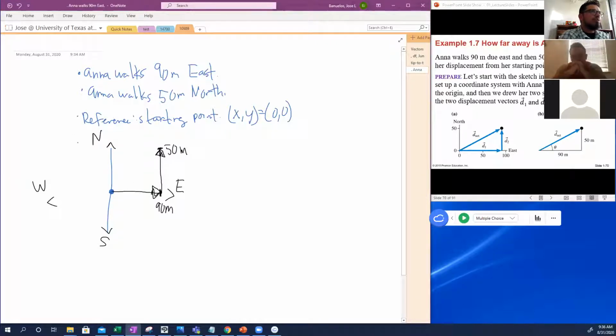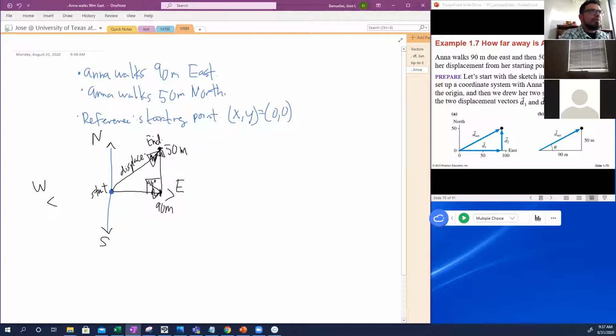To get her displacement, we started off here and ended up at the tip of that 50-meter arrow. So the displacement is the arrow that connects where you started to where you ended. This is her displacement. And the nice thing is because east and north are perpendicular, we have a nice 90-degree angle here.